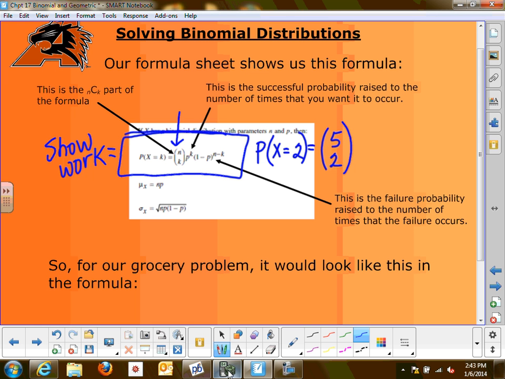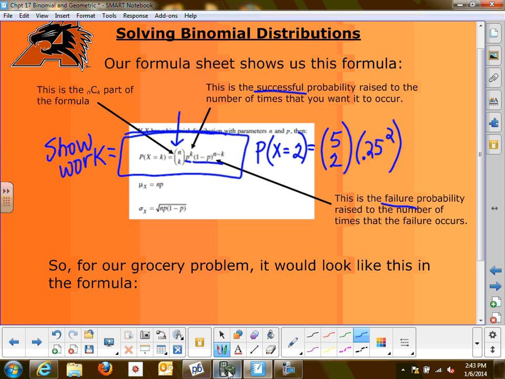Alright, now let's look at this. P to the K. This is the probability of success and how many successes. So how many do I want to go through the express checkout? How many? Okay, so then put 0.25, and I want 2 of those. Alright, this part is all the failures. Probability of failure.